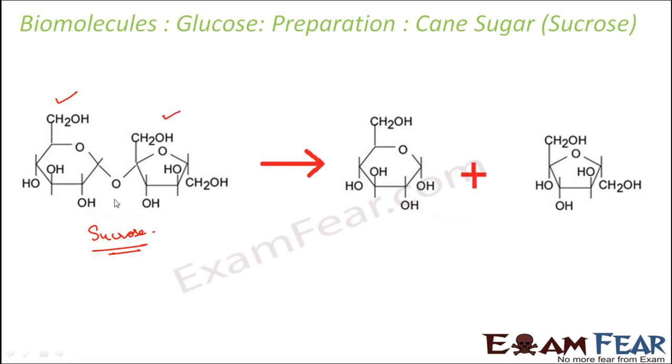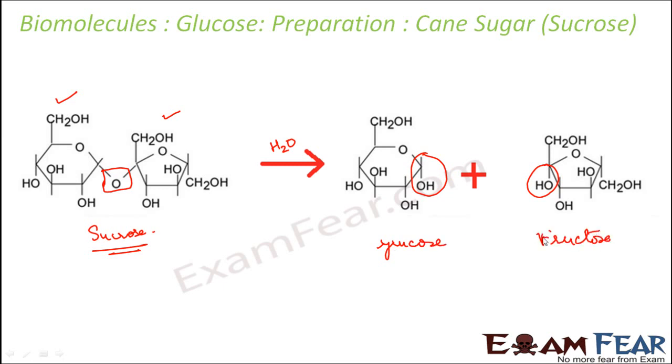This is one unit, this is another unit, and this is the glycosidic bond. When it is hydrolyzed, that is when water is added to it, it gets broken down into two OH bonds. So this sucrose breaks down to form one unit of glucose and one unit of fructose.